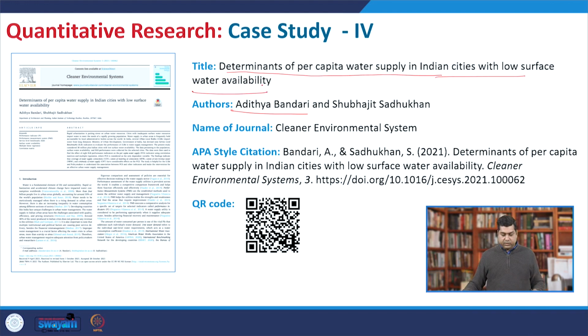This paper was published in Cleaner Environmental Systems in 2021, and this is something where we have used secondary information from different reports where they give some sort of data for service level benchmark of water supply utility. Now definitely you may have questions about what is service level benchmark, so I'll try to clear it out in the best possible way in subsequent slides.